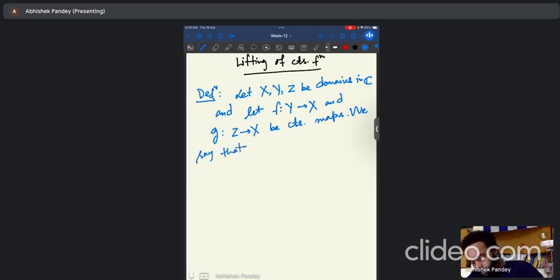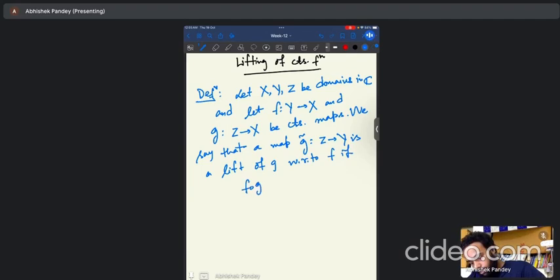We say that a map g tilde from Z to Y is a lift of g with respect to f if f composition g tilde is basically g. That is, the following diagram commutes.